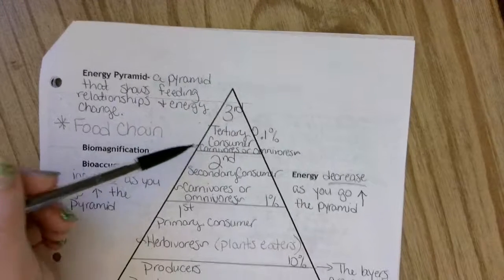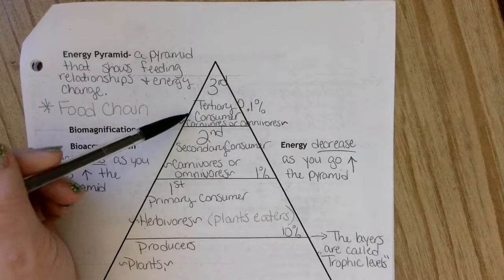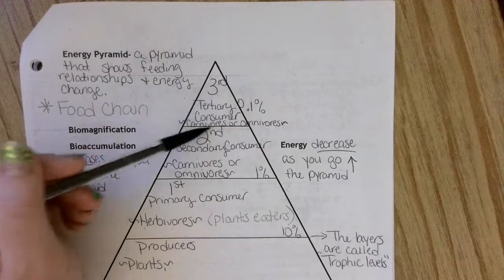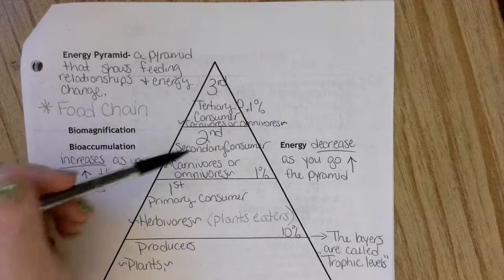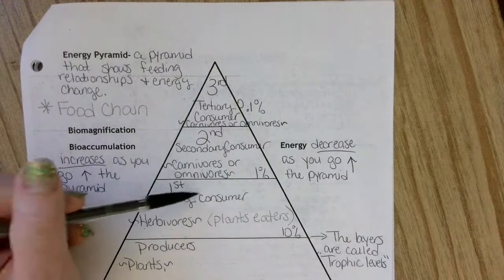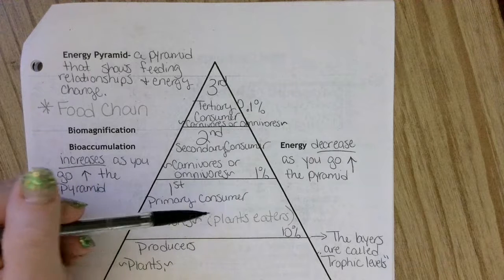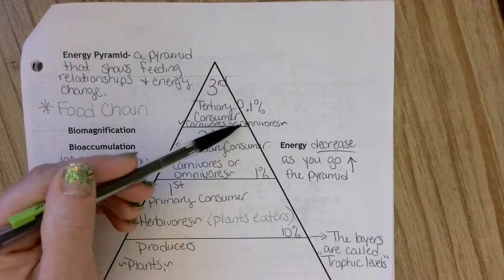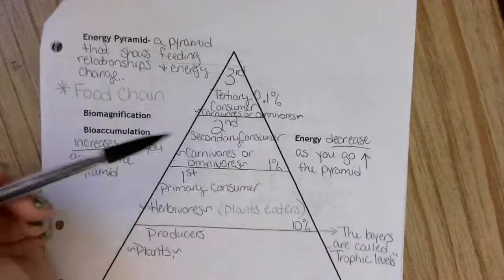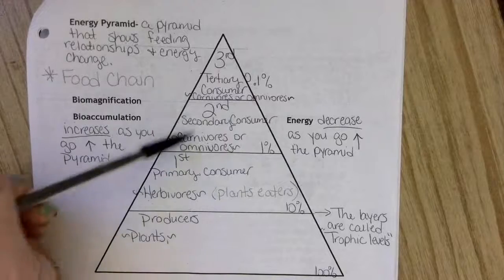So if they are carnivores, pay attention to my pencil right here. If they are carnivores in this level, then that means that they can eat these guys right here or these guys. If they are omnivores in the third level, then that means that they can eat anybody from the other three levels below them.